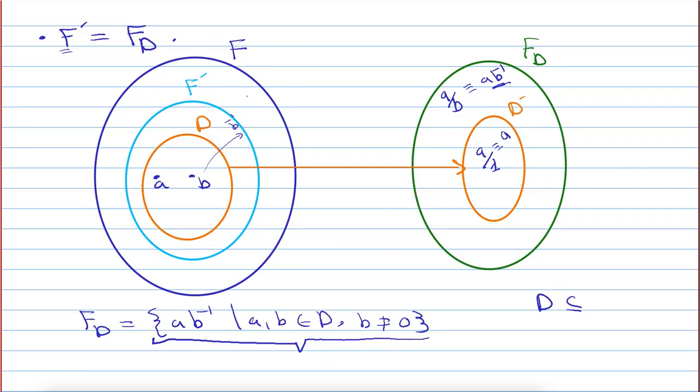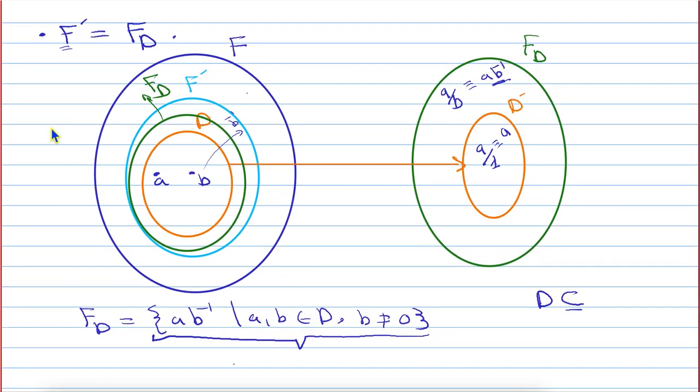So F sub D can in fact be moved here. So we have here somewhere F sub D, which we moved from here, and F sub D is the smallest subfield of F containing D. Now we have two smallest subfields of F containing D, F prime and F sub D. Two different smallest things is impossible to have.